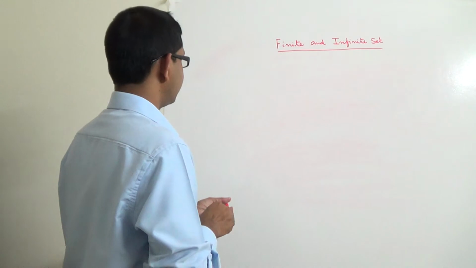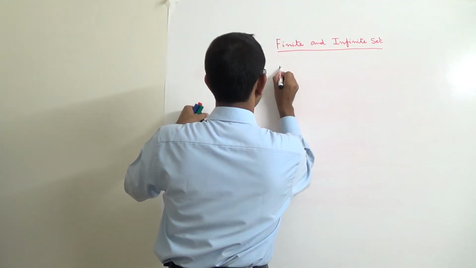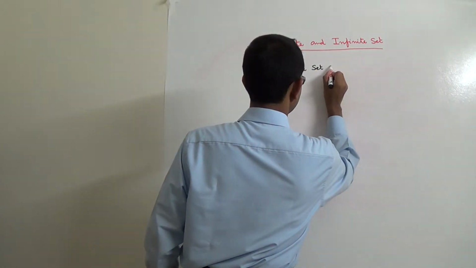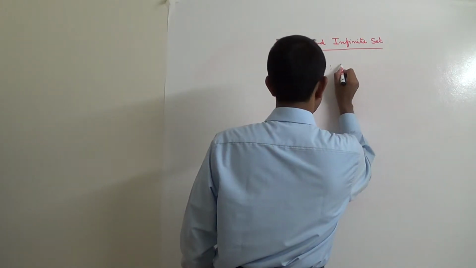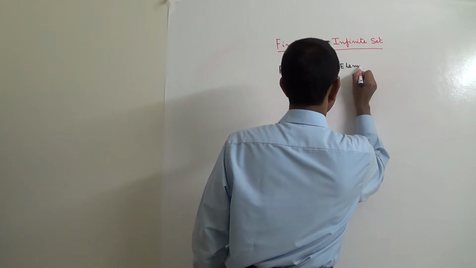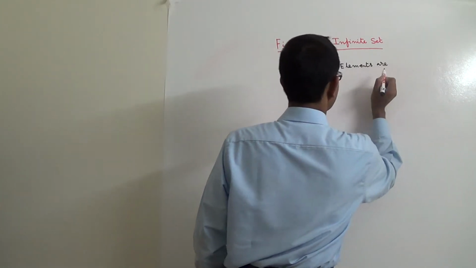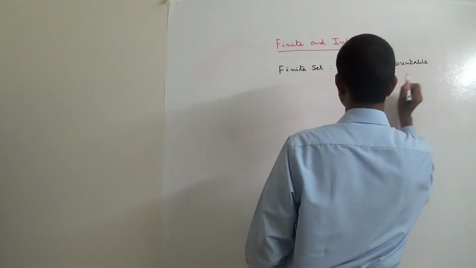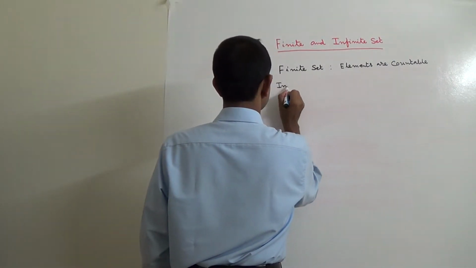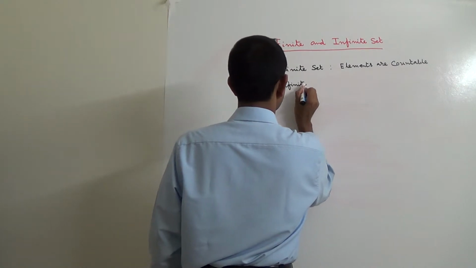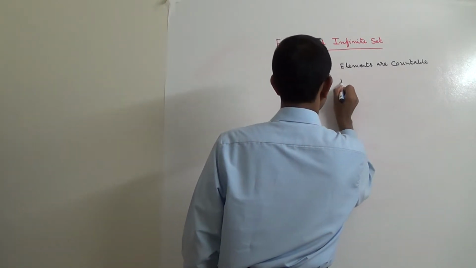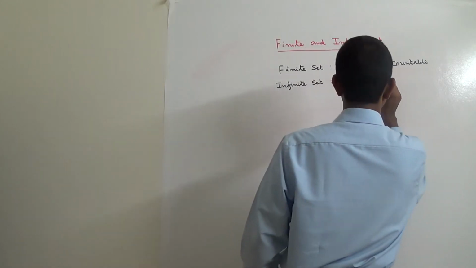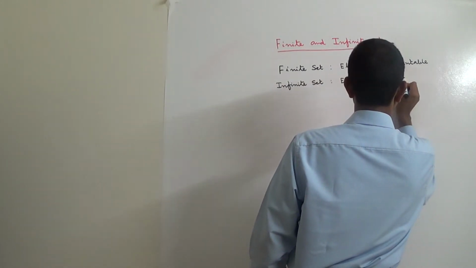What you understood is that a finite set means elements are countable, and an infinite set means elements are not countable.